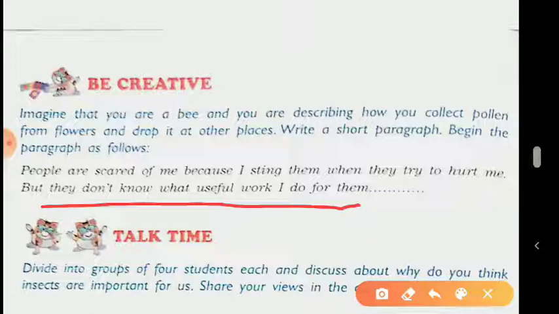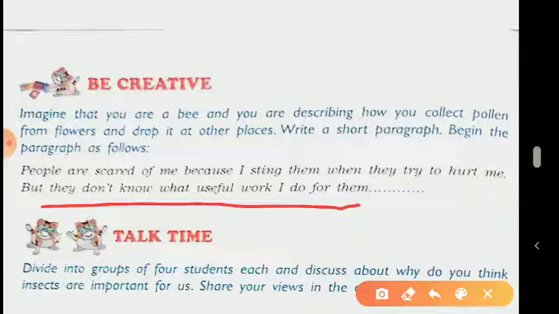Thus, plants make seeds and many new plants grow away from the parent tree. Though I'm small, but I keep the cycle of life turning.